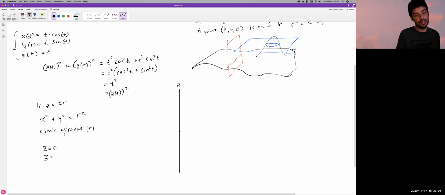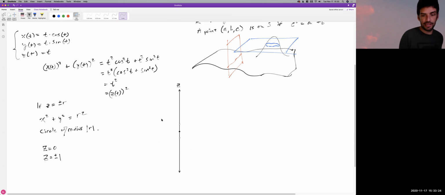Let's think about z equals plus or minus 1. What does this look like? If I draw a plane at z equals -1 and +1, these are going to be parallel planes. Let me draw the one above first, I think it'll be a little easier.